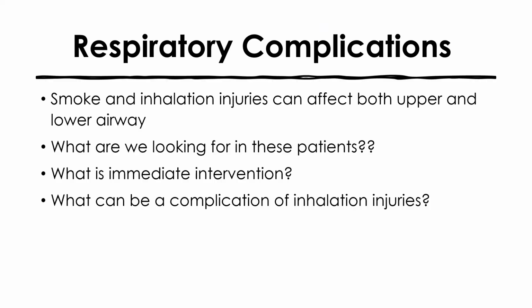Then we're going into our respiratory system in the acute phase. So again, our main concern is smoke inhalation, upper airway injury, lower airway injury, and we're always assessing patent airway, okay, in burn patients.